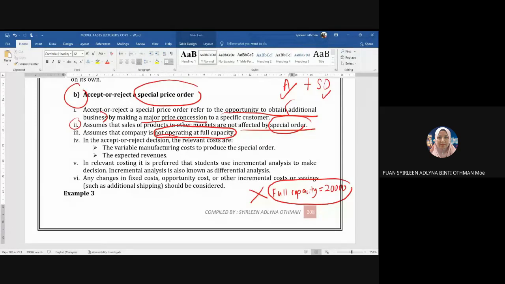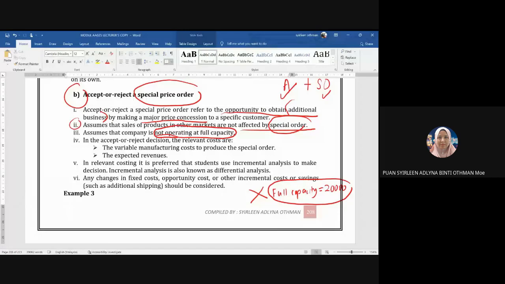full capacity. Okay, memang setiap kali kita buat production, kita takkan push our production into full capacity sebab contoh katakanlah mesin ni sebulan dia boleh keluarkan sehingga maksimum 20,000 tapi you tak akan keluarkan sampai 20,000 sebab bila you exert sangat, you buat sampai maksimum tiap-tiap bulan, lama-lama cepat rosak lah mesin kamu.